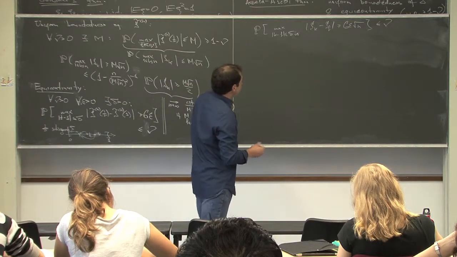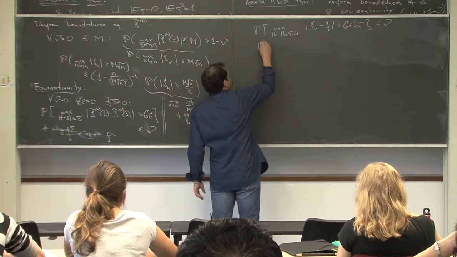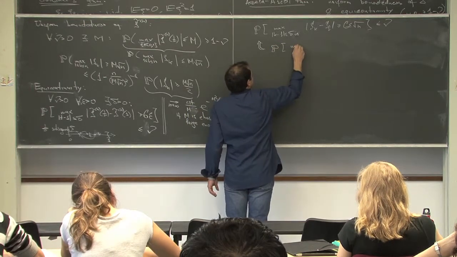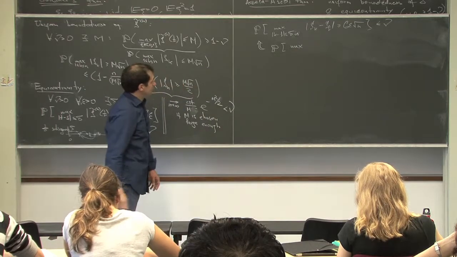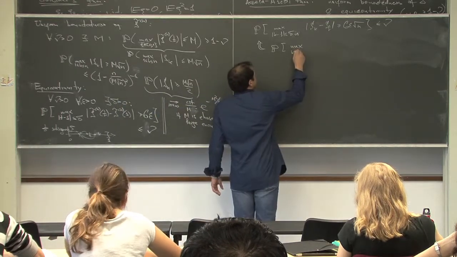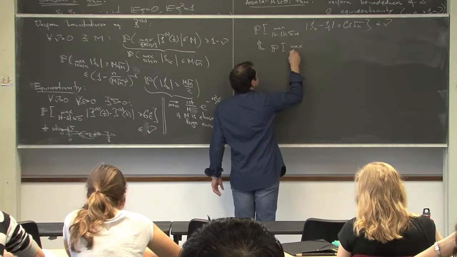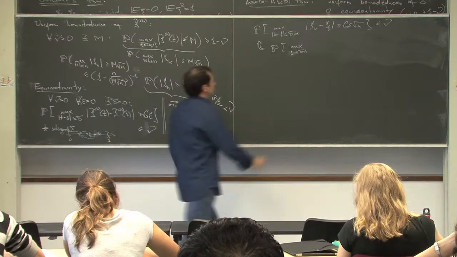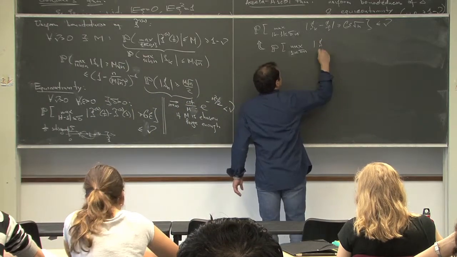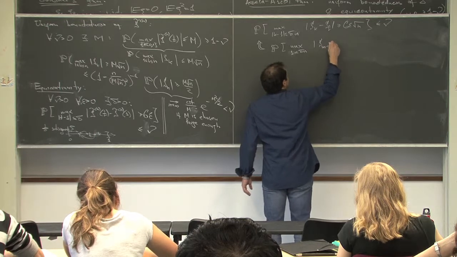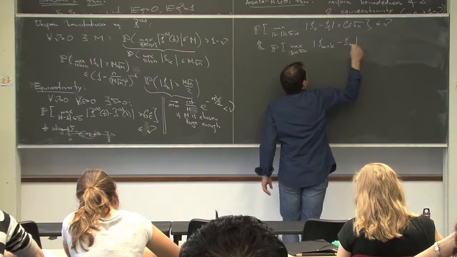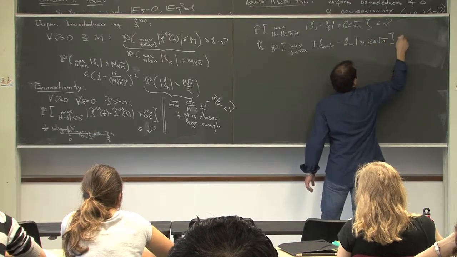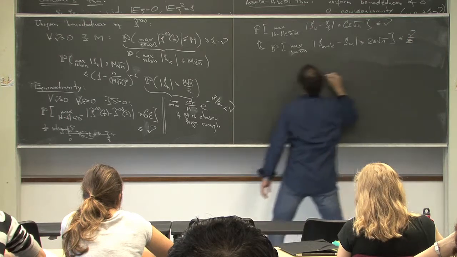And then what I say is that it follows if I can prove that the probability of the maximum over k, okay, let it be another letter like s, less than delta m of S m plus k minus Sm is greater than, say, 2 epsilon square root of m is less than nu over 3.